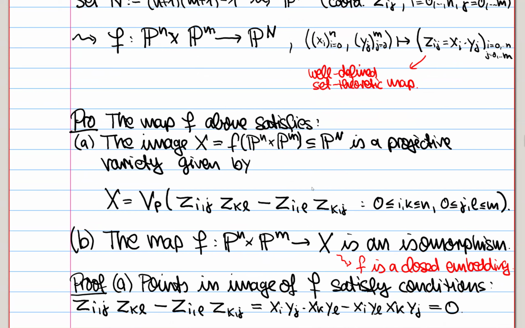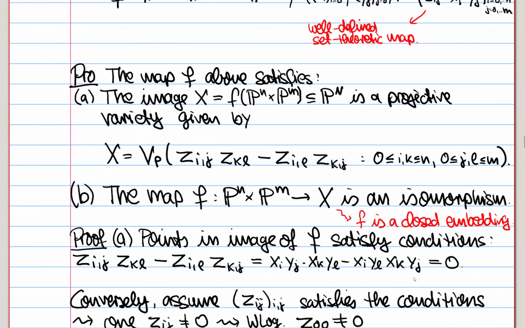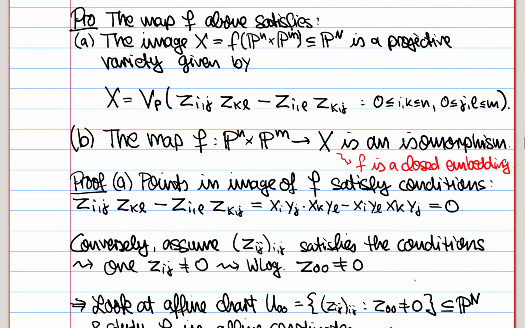In particular, this image is closed inside here, and this is an isomorphism. We have already seen this. This means that F is a closed embedding, and therefore it deserves to be called the Segre embedding. And for the proof, first of all, we should check that the image of F is contained in this vanishing locus, one containment.